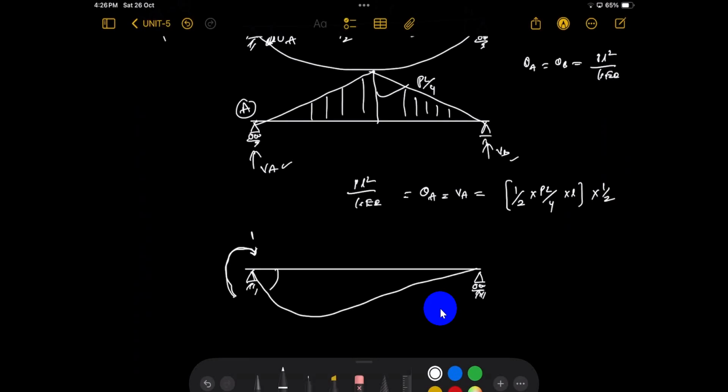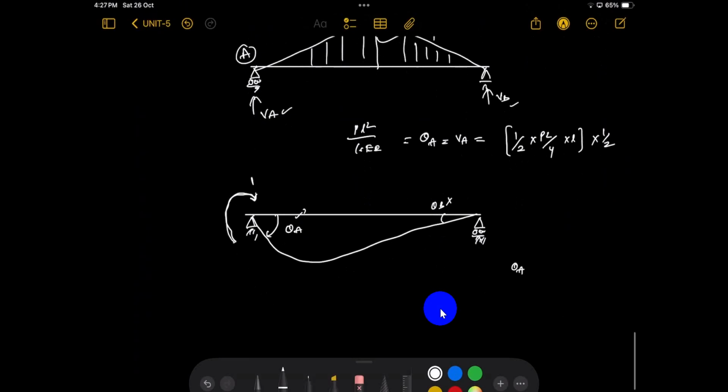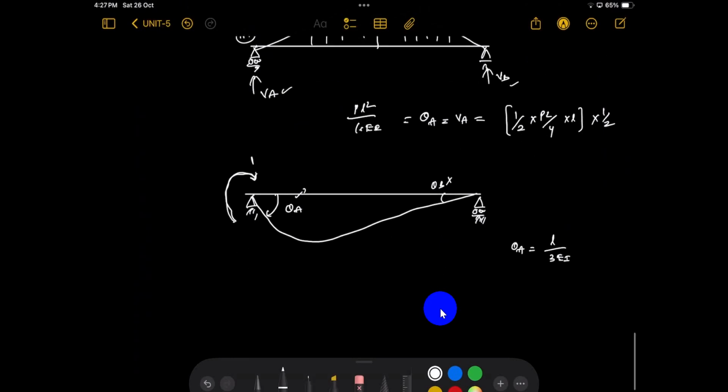Here, that is theta A, and theta B. No need of theta B, just theta A. What is theta A? You already know it is L by 3EI. If you don't know, take a simply supported beam with a hinge.